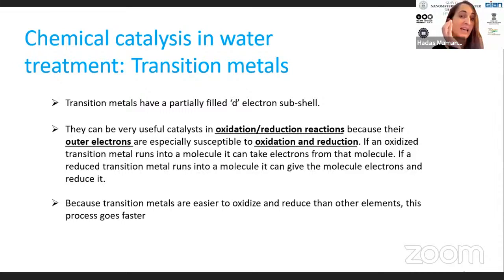If an oxidized transition metal interacts with a molecule, it can take electrons from that molecule, which will then be oxidized. If a reduced transition metal runs into a molecule, it can give electrons and reduce it. And I think because the transition metals are easier to oxidize and reduce than other elements, the process can go faster.